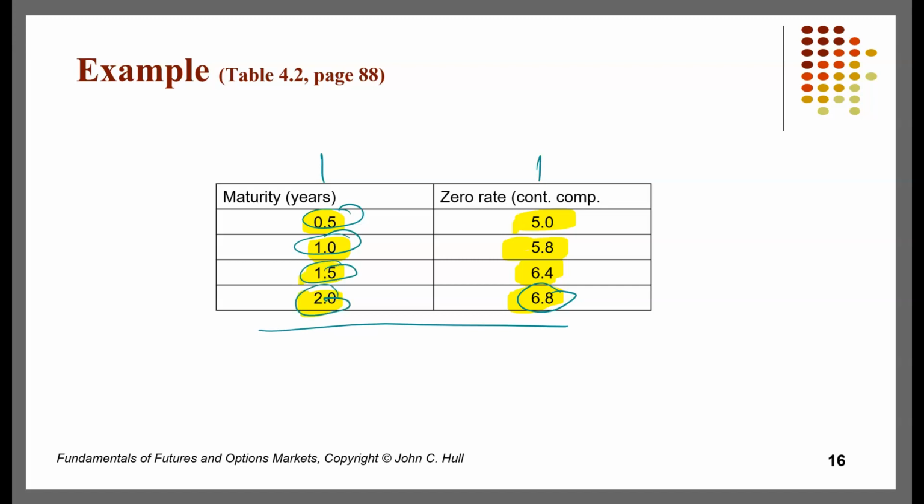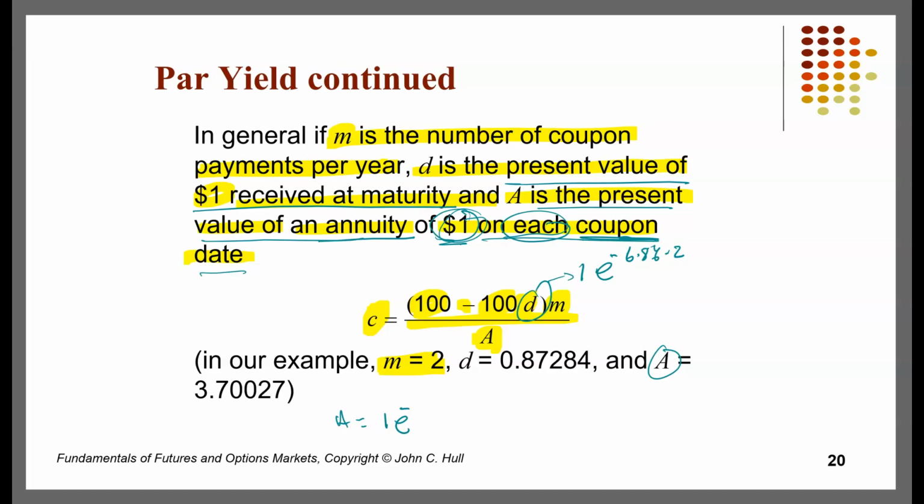And we're going to have rates of 5%, 5.8%, 6.4%, and 6.8%. That gives us the present value of $1 for the first one, at 5% for half a year, plus the present value of $1 at 5.8% for 1 year, plus the present value of $1 at 6.4% for 1.5 years, plus the present value of $1 at 6.8% for 2 years.